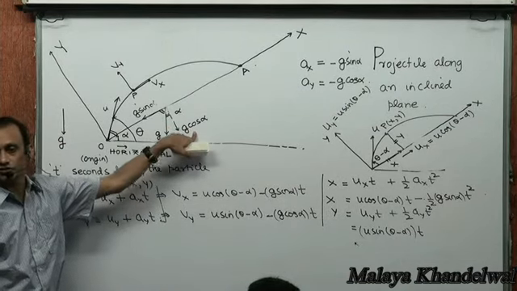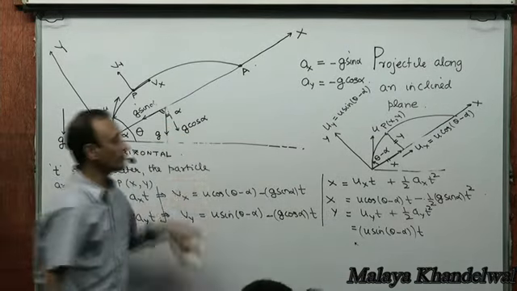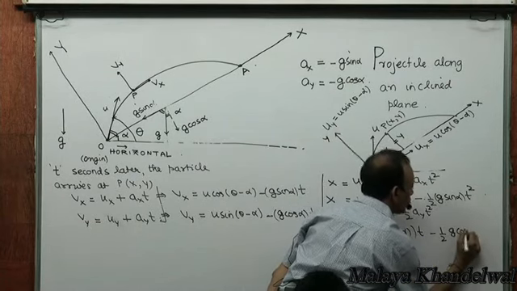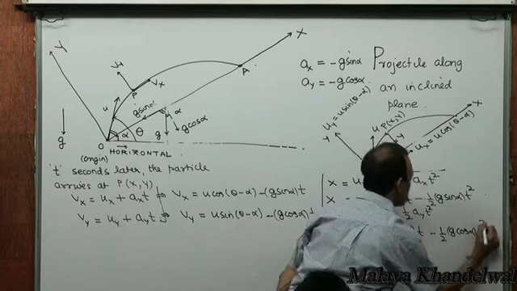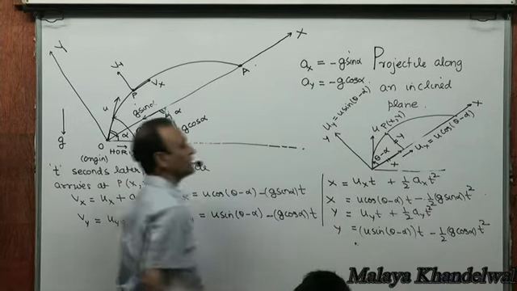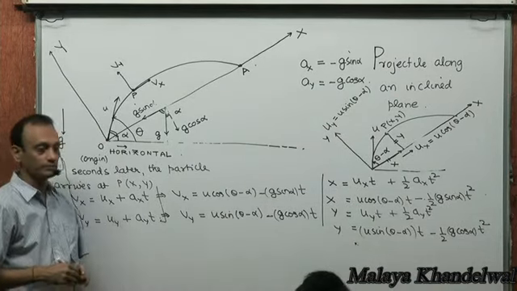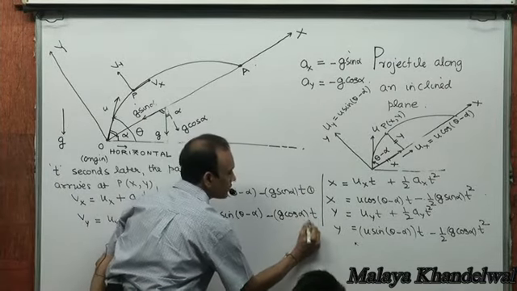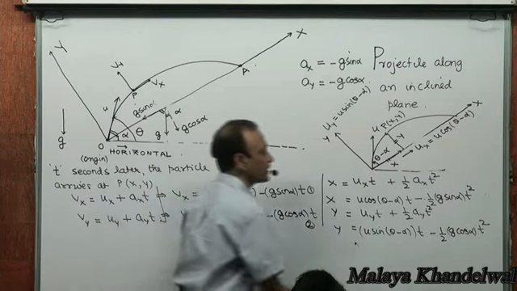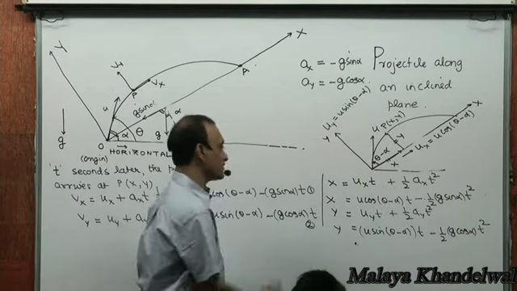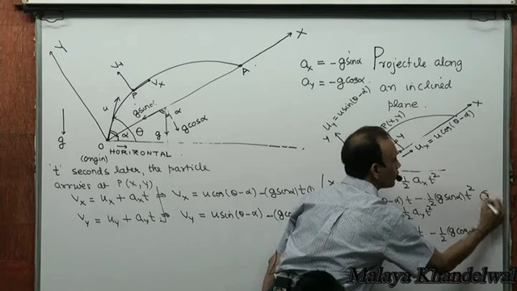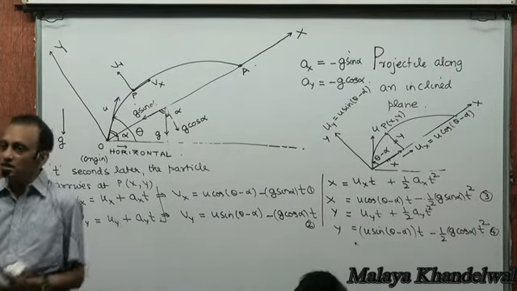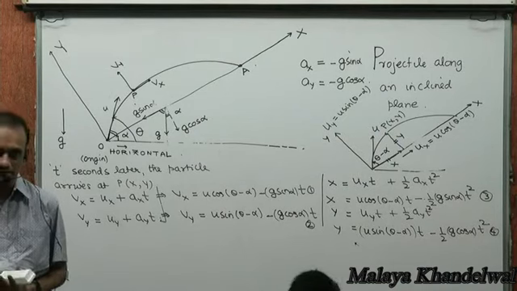Acceleration in the y direction, as you can see, is minus g cos alpha, t squared. That's the displacement in the y direction as a function of time, right? So now I have velocity in the x direction as a function of time, velocity in the y direction as a function of time, the x coordinate of the particle as a function of time, and the y coordinate of the particle as a function of time. These are things that you want to know about the particle, right?